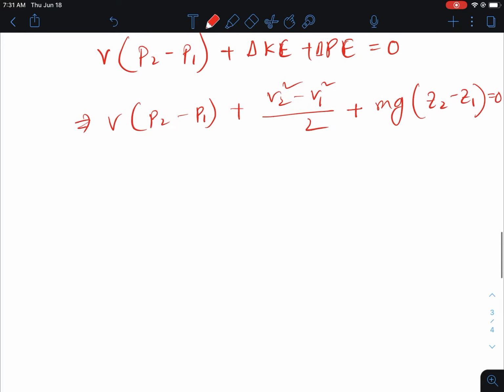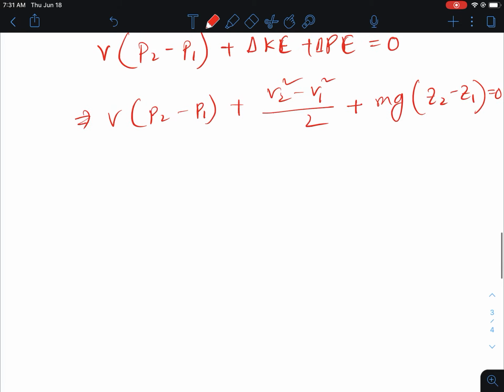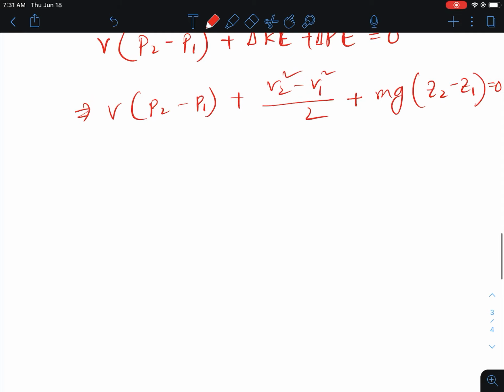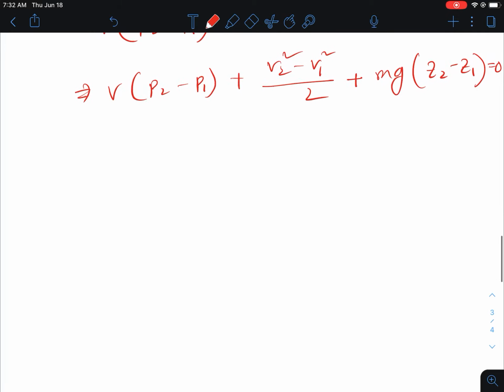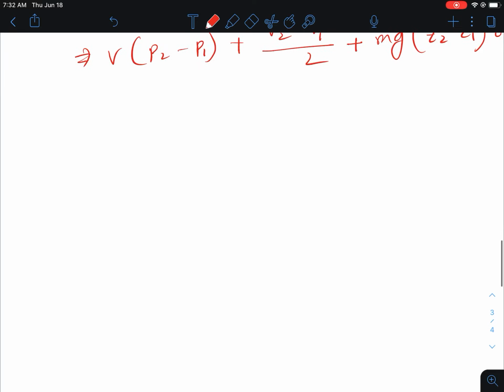This is the expression for the working fluid that is changing pressure, velocity, and elevation. If we have these three terms in an equation, then we call it the Bernoulli equation.